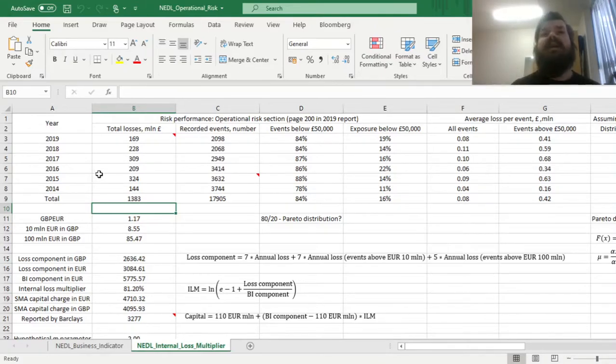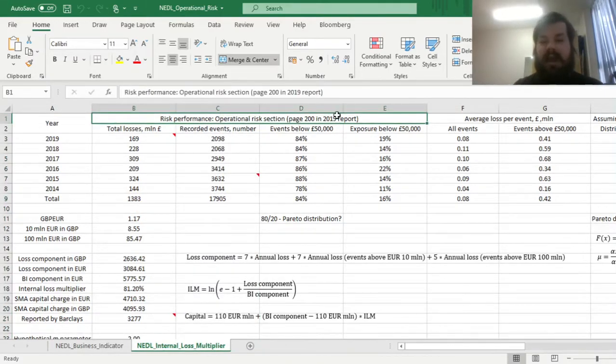So where to find the data on operational risk events for your bank, and how to proxy the internal loss multiplier based on that? Well, for most banks, you would find them in the section called either Risk Performance or Risk Review, Operational Risk, and it's page 200 in the 2019 report.